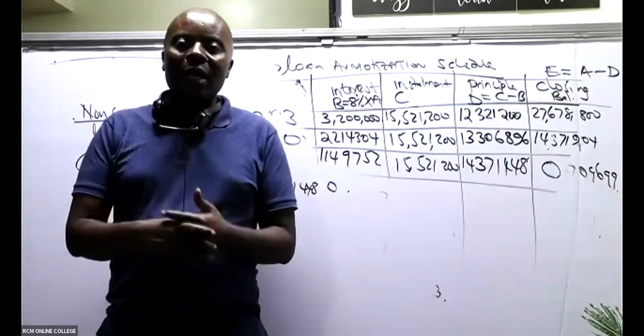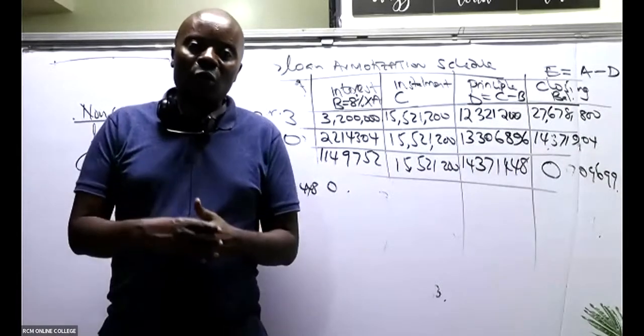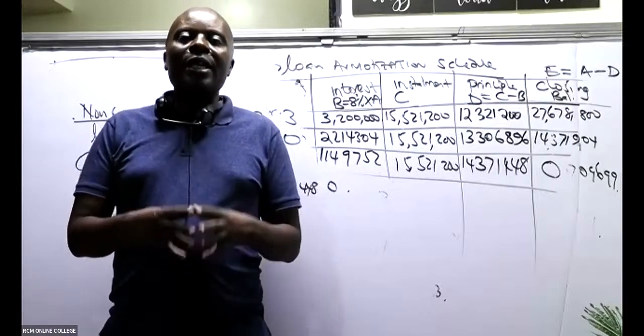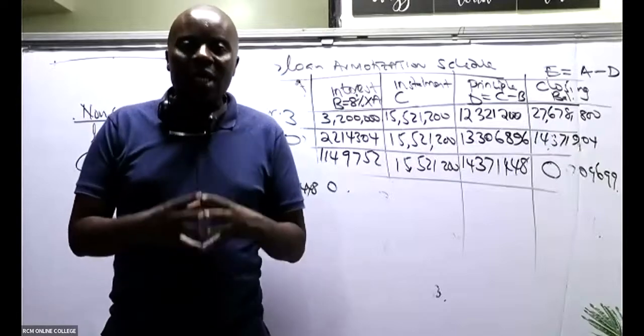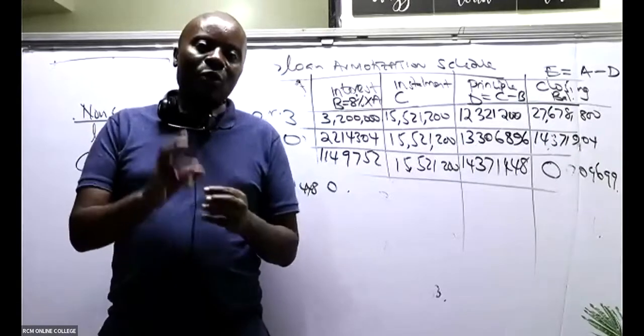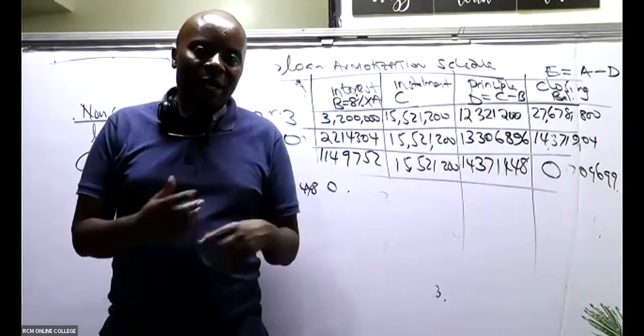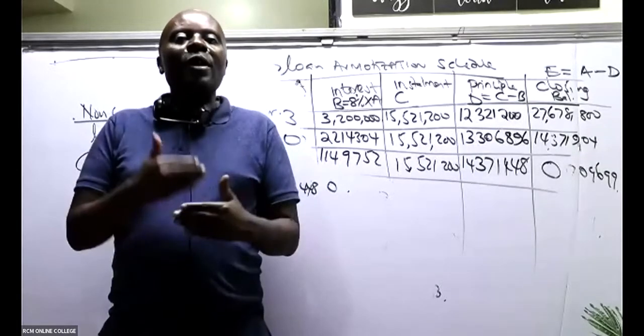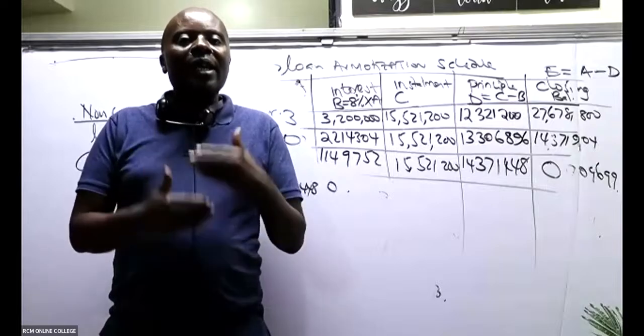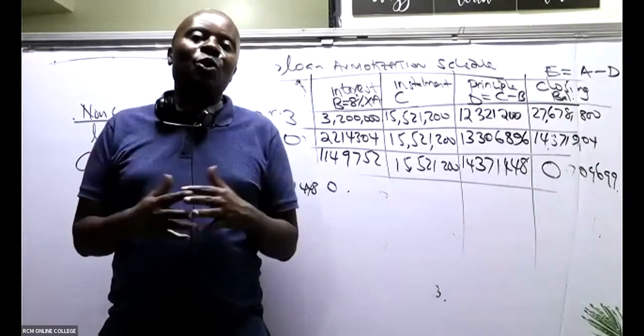So I'm left with the journals, and then showing you what if the lease rentals were paid in arrears. At least you know that there is a 1 plus R somewhere. But you don't know how to do a loan amortization schedule for the ones that are paid in arrears, which I'll now be able to show you.